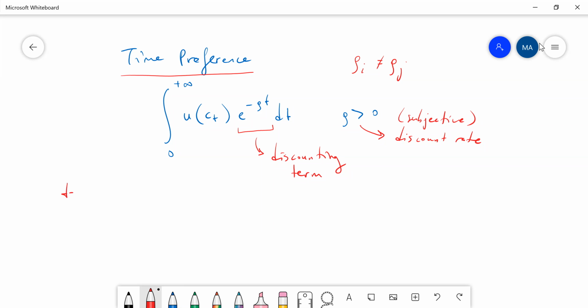Then at t equals 0, which is your initial period, initial instant, this term is equal to 1. All right? And for t greater than 0, it is less than 1. Right? For t converging to positive infinity, this converges to 0.